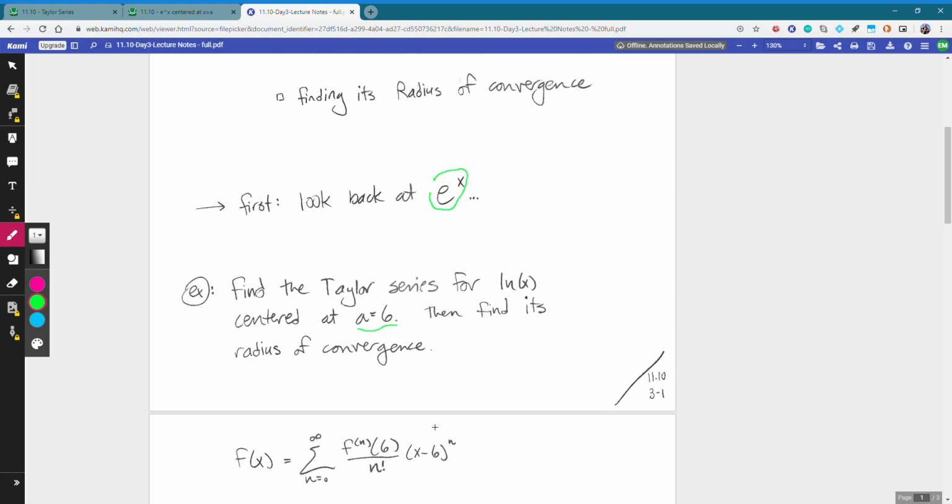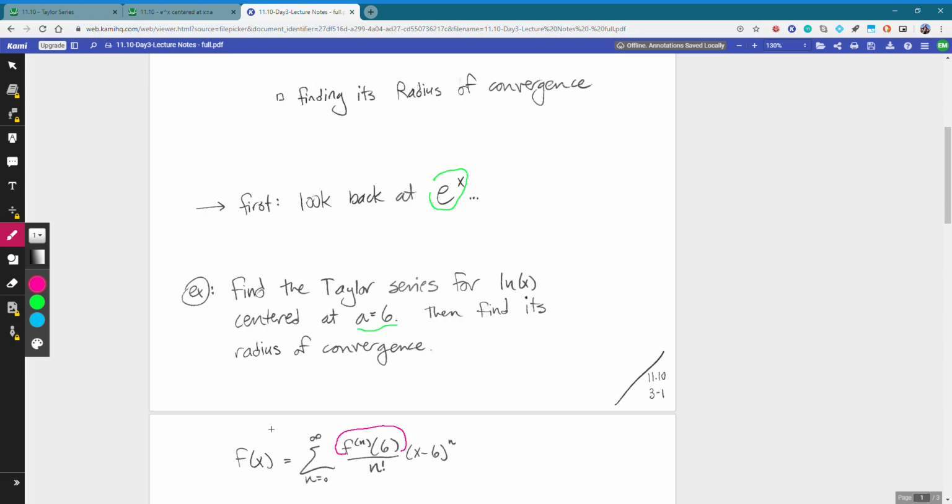If we scroll down here, we already know what the form of our Taylor series is. This is what all Taylor series look like. This is our general formula. And one of the things that we've talked about before is that to fill this in, we really just need to figure out this piece.